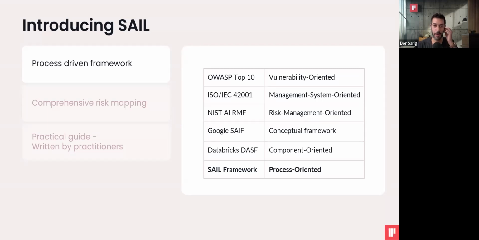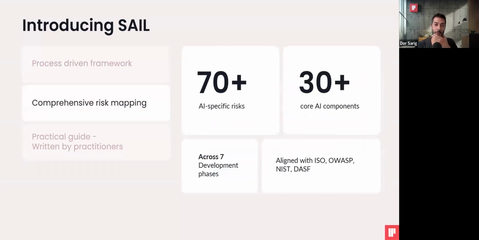So what does it mean for a framework to be process-driven? It means it provides a risk mapping across the entire AI lifecycle. We built SAIL by deconstructing that lifecycle into 7 core development phases, which we're going to elaborate on later. Across these phases, by the way, we've identified and mapped over 70 distinct AI-specific risks, very comprehensive.